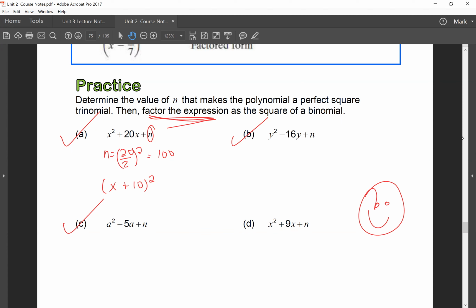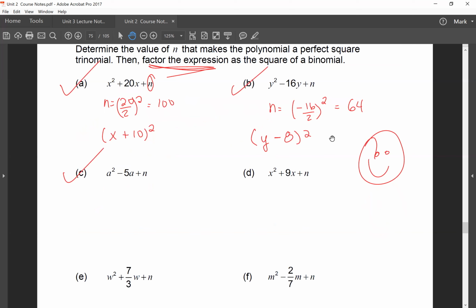Okay, what about b? Well, n in this case is going to be negative 16 over 2, squared, which is negative 8 squared, which is 64. And this would be y minus 8 squared. And A is a little bit different because we're going to have a fraction.